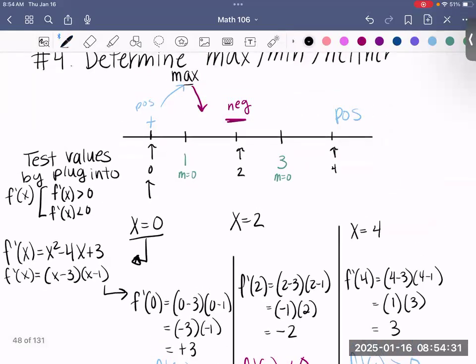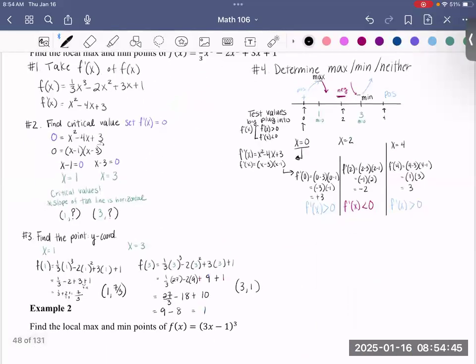So we went from negative to flat to then positive. Do we have a max or a min or neither? Well, here we have a min. So all in all, at our point 1, 7/3, we have a maximum. And 3, 1, we have a minimum.